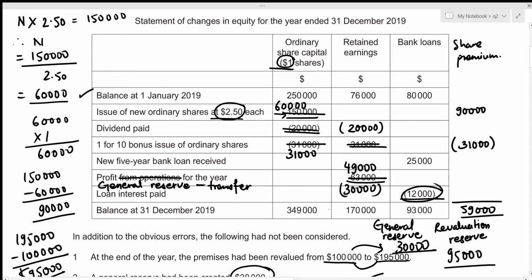So rather than the value of 170,000, it is 75,000. Okay, and then for ordinary share capital, that's going to be 250,000 plus 60,000 plus 31,000, which results in the value of 341,000 rather than 349,000. Okay, so this should be our correct statement of changes in equity for the year ended 31st December 2019.